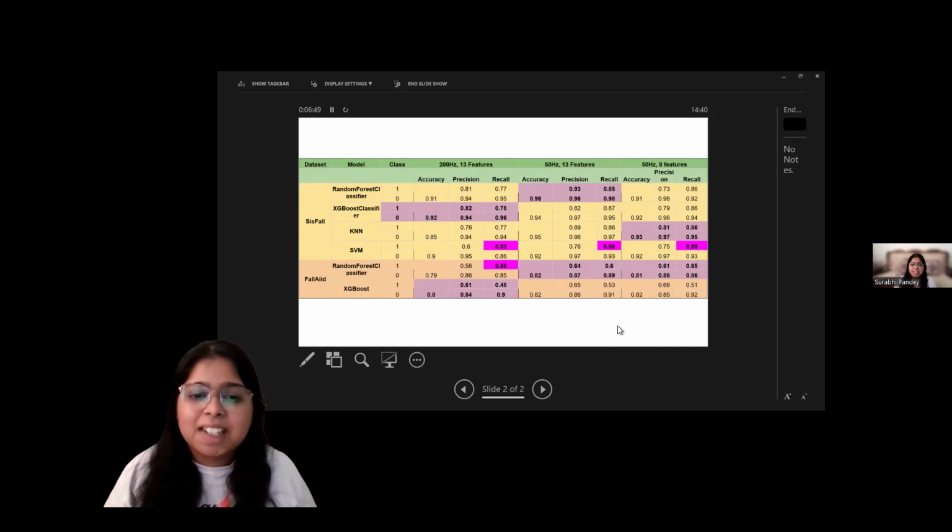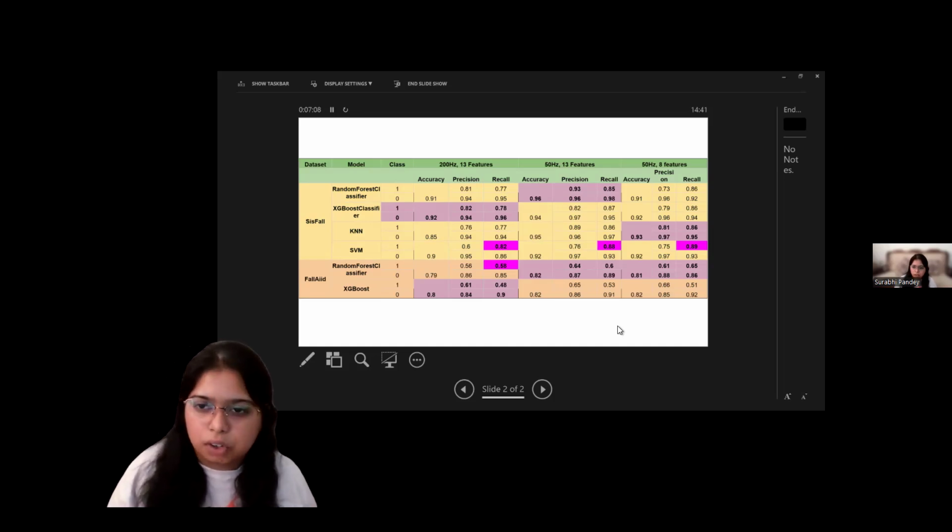So these are the metrics. We can say that the random forest classifier, when the data set was sampled at 50 hertz and 13 different features like statistical features were extracted, gave the highest accuracy and the highest recall.